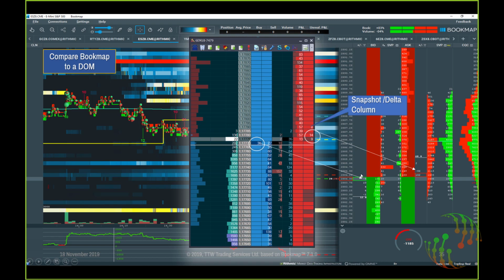This gives us an idea what is really happening at those levels here. You can use 5 levels, 1 level, 10 levels. I'm using simply 5 levels. That's my preference, that's my definition here in Bookmap. You can change this. We will see how to change that.